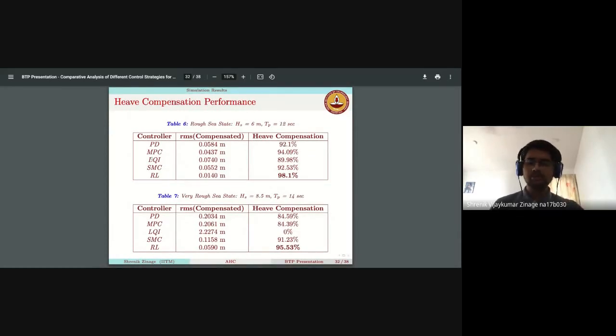However, if you look at LQI control, in slight sea state it had around 82. In moderate, it increased to 87, then it went to 89 in rough sea state. But in very rough sea state, it faced saturation, and due to saturation of the swash angle, it lost its ability to control the payload and rather amplified the payload motion. Due to this I have written the heave compensation as 0%.